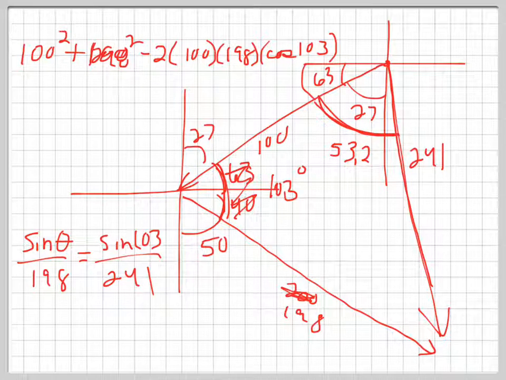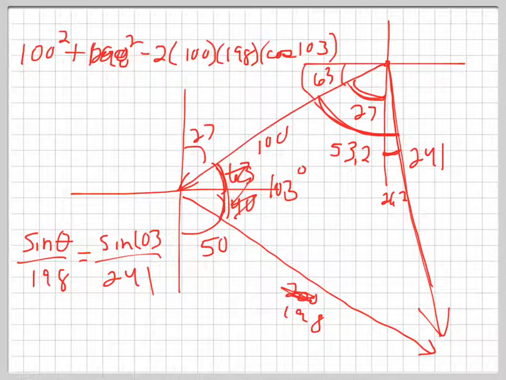So I know it's 53.2, this whole angle, so I know it's 27 from here to here. So I'm going to take 53.2 minus the 27, and I know that this angle in here, although it looks too small, is 26.2. Okay. All right. So I'm going to redraw that on the next page.